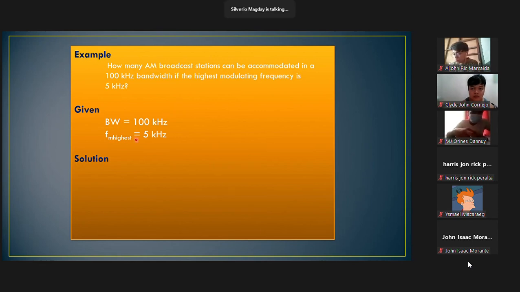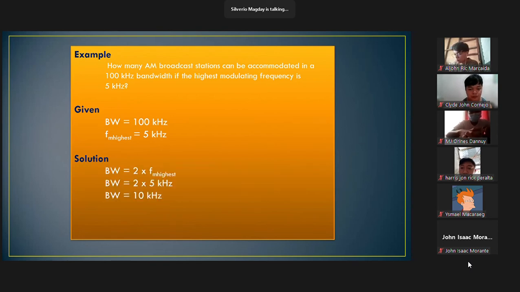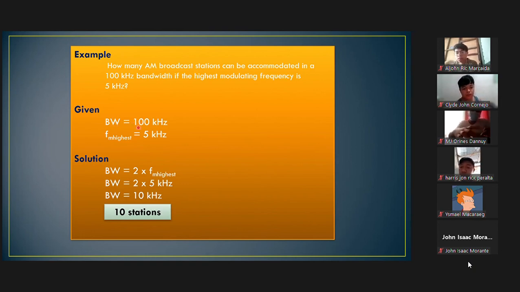So ano yung bandwidth per modulating frequency, multiply natin ng 2, which is we'll get 10 kilohertz, and then doon natin i-divide ang 100 kilohertz, makakuha tayo ng 10 stations. Naghati-hati sila doon sa given na 100 kilohertz bandwidth. So, we have the 10 stations.